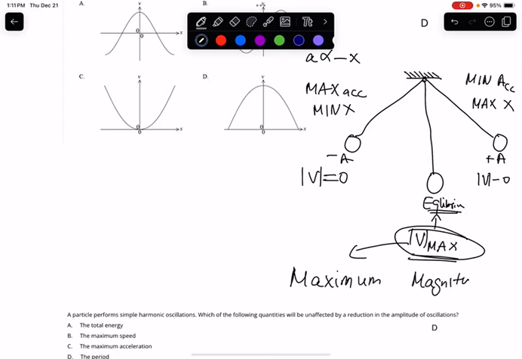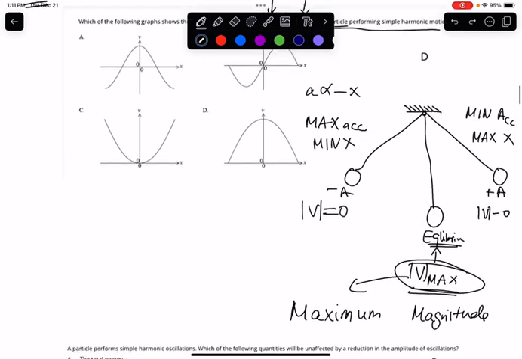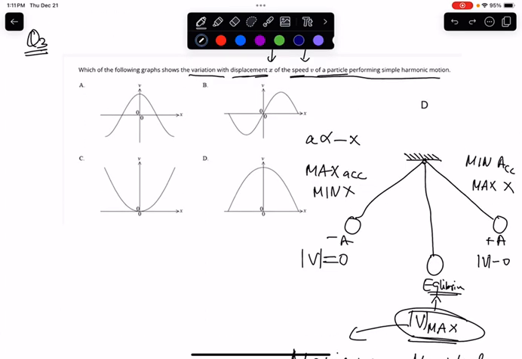Just observe that I'm not specifying direction, because if it's going to the left, the velocity will be negative. If it's going to the right, the velocity will be positive. So you just care about the magnitude in this case.